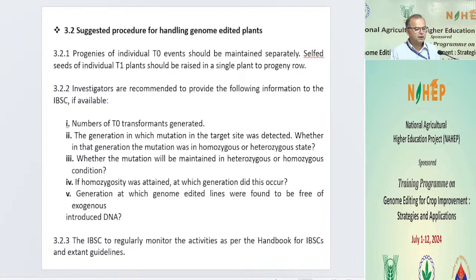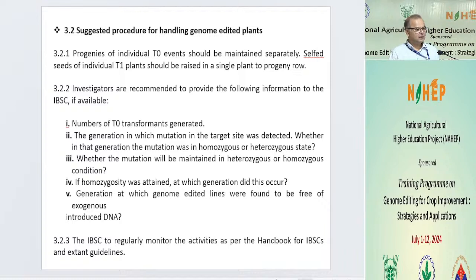Investigators are recommended to provide the following information to the IBSC. Number 1, the number of T0 transformants generated, the generation in which mutation is detected, whether in that generation the mutation was detected in homozygous or heterozygous condition, whether the mutation will be maintained as heterozygous or homozygous, and if homozygosity has been attained, in which generation it was attained.